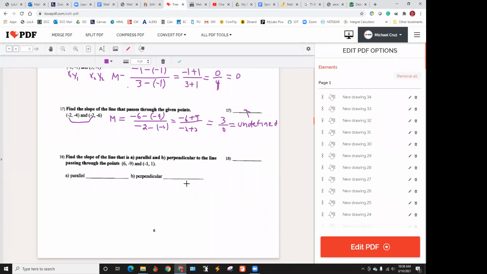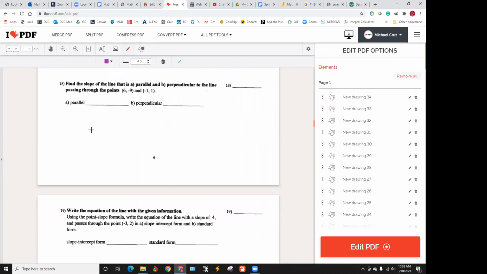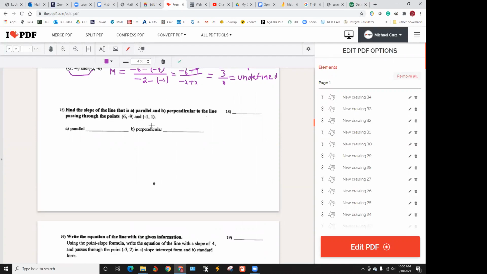All right, so what we got to do here in order to find out both the parallel and perpendicular lines, we have to essentially, oh, you know what? Well, let's finish with this one. We'll take a little break. I didn't realize what time it was.